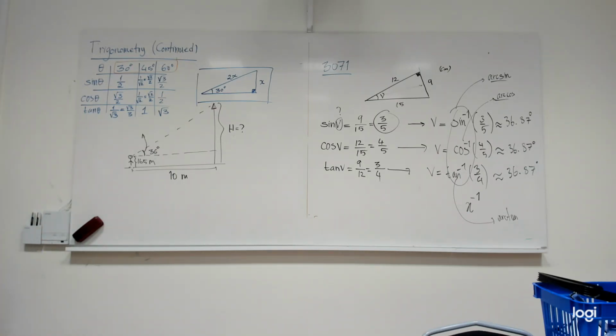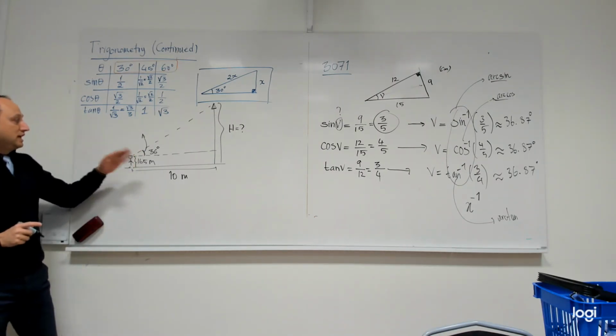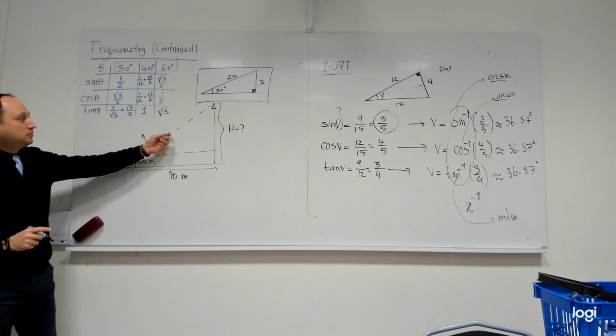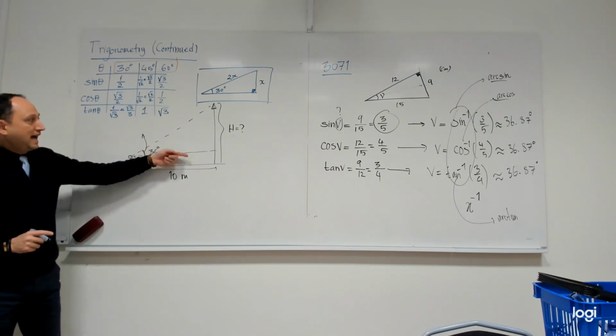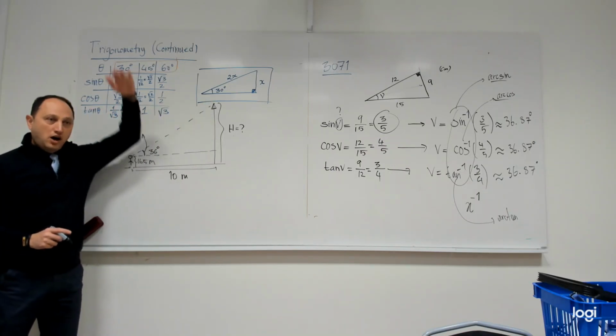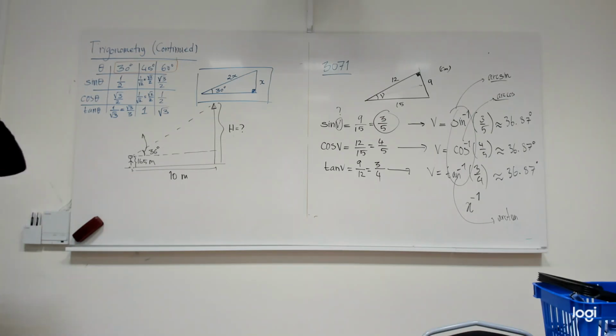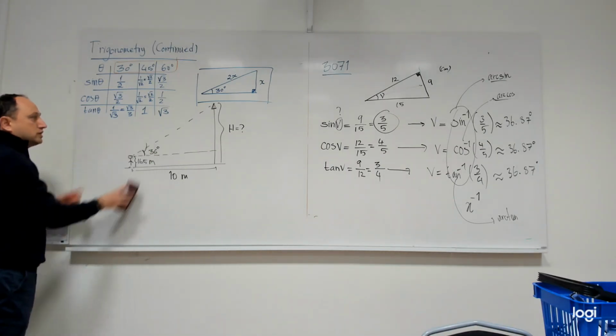Remember, this angle is called the angle of elevation. The angle of elevation is the angle between the horizontal and your line of sight, if that point is higher than your eyes. If that point is lower than your eyes, that is not called the angle of elevation. That's called the angle of depression. Yes? Okay. So, angle of elevation. And now I want to calculate h.